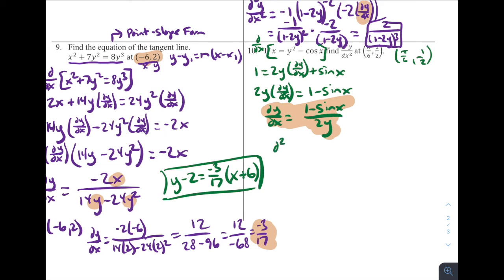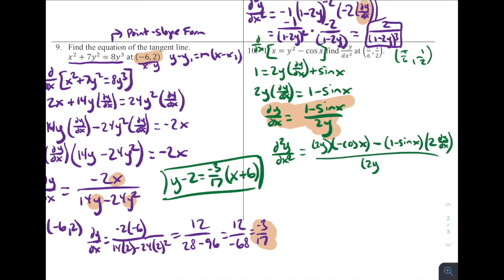The second derivative, d squared y over dx squared, is going to be low d high, so 2y times the derivative of that numerator, so negative cosine of x, minus high d low, so 1 minus sine x, times the derivative of 2y, which is 2 dy dx, all over low squared, so 2y quantity squared for that.